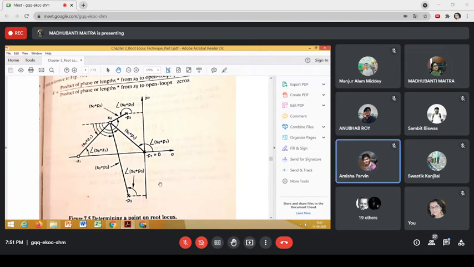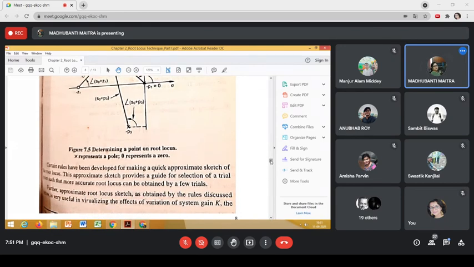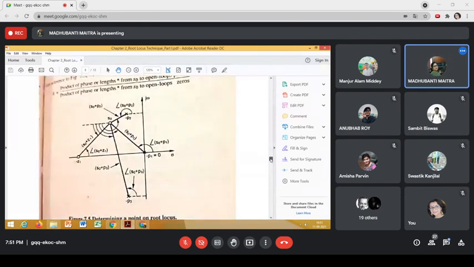Yes, ma'am. Okay, let's assume this angle to be theta 1, this angle theta 2, this is theta 3, this is theta 4. Now, since we have chosen this particular point S0, this point is known to us.